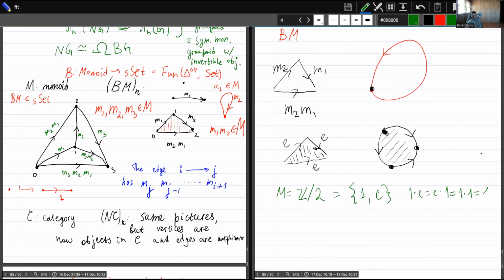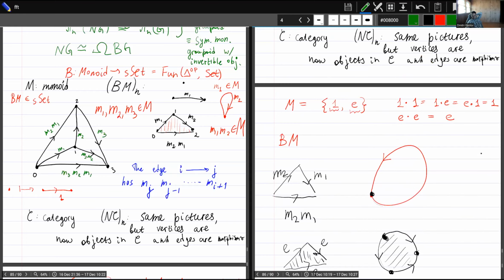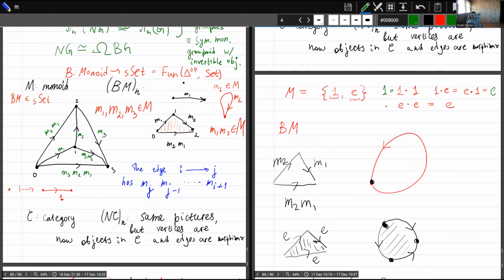Oh, yeah, so I meant, this is e, not 1. And this is 1, sorry. Yeah, 1 is the neutral element. I guess in my case, e was the neutral.